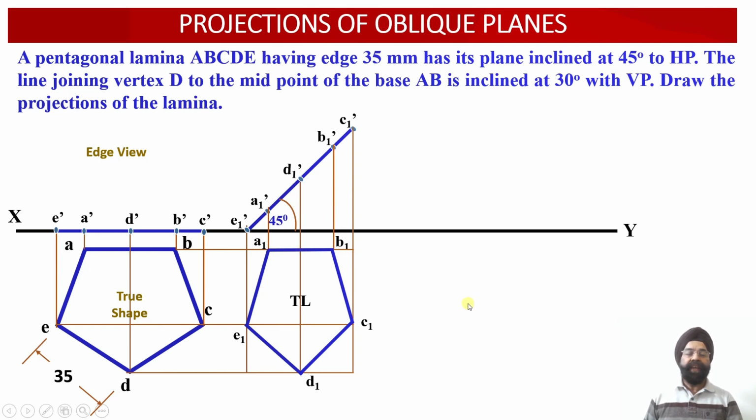So this way we have been able to obtain this line which joins the midpoint of the base and the opposite vertex D. Now this line is further inclined with respect to the vertical plane at an angle of 30 degree.